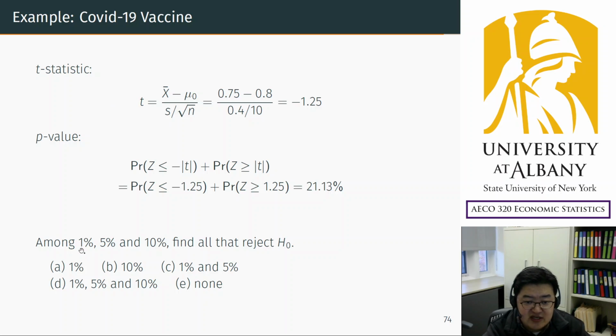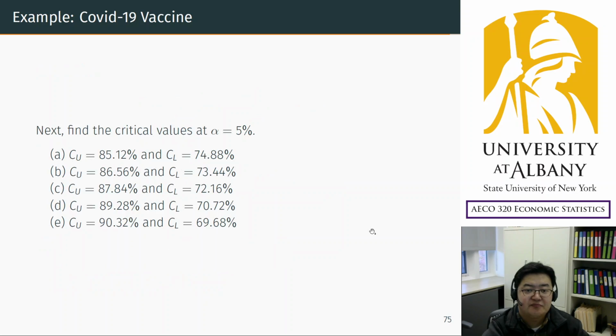But none of these significance levels is greater than the p-value. So the p-value is always greater than the significance level, so it will never reject it. The answer is none. It is not rejected. If you reject the top 10%, then the top 20% will survive, right? Intuitive.